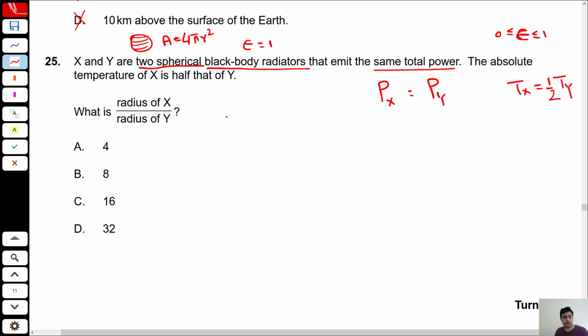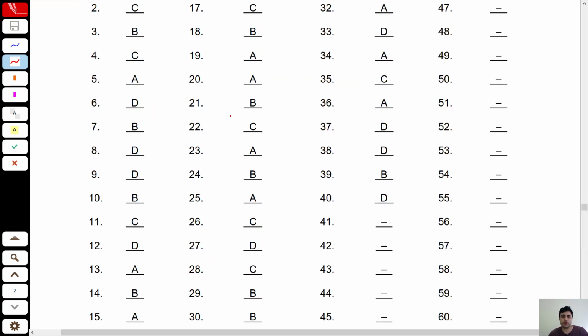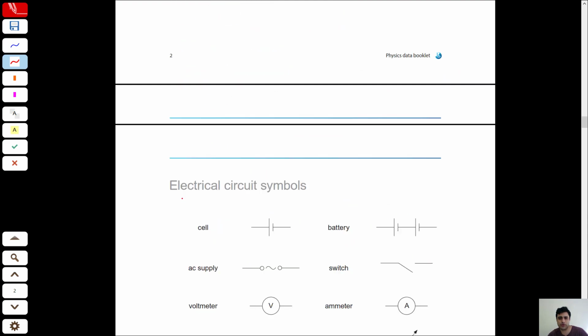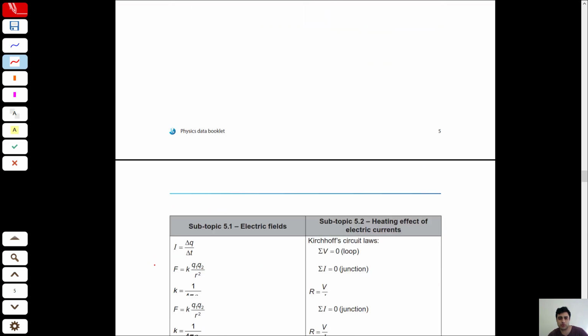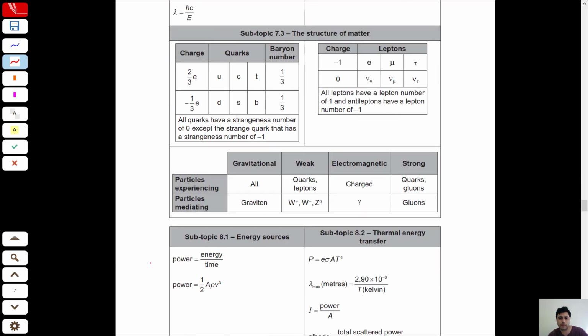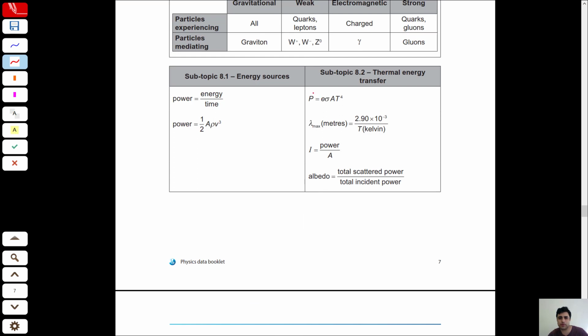Okay, so we have to use the black body radiation equation from the data booklet. I can show you where it is. So if you just scroll down to topic 8, and this one. So power radiated is emissivity, the Stefan-Boltzmann constant, curved surface area, the outer surface area, and T to the power of 4, the temperature in Kelvin to the power of 4. Okay?